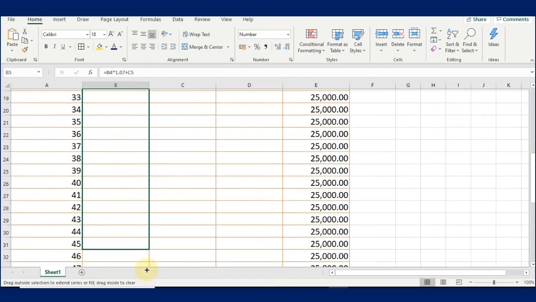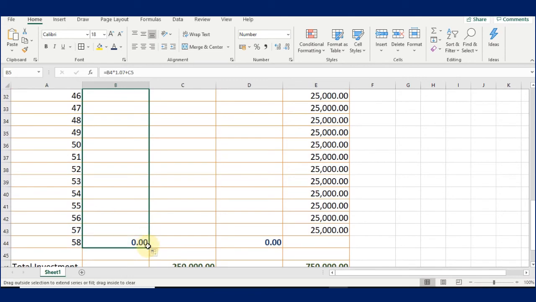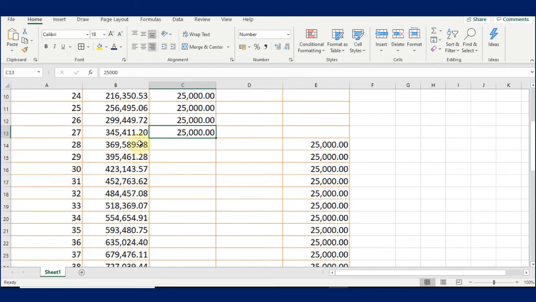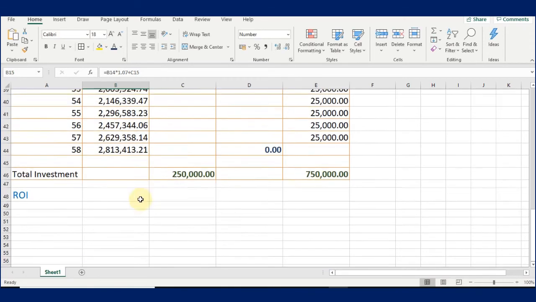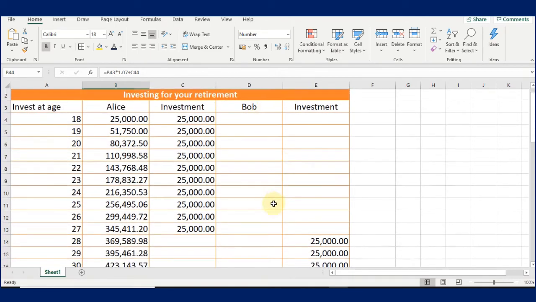The only exception is that the 25,000 will end. Okay? It only ended here. So that's why when you have it here plus C14, that is already empty because Alice already stopped investing that year. So this means that she has a total, her balance, the value of her money is now 2,813,000.